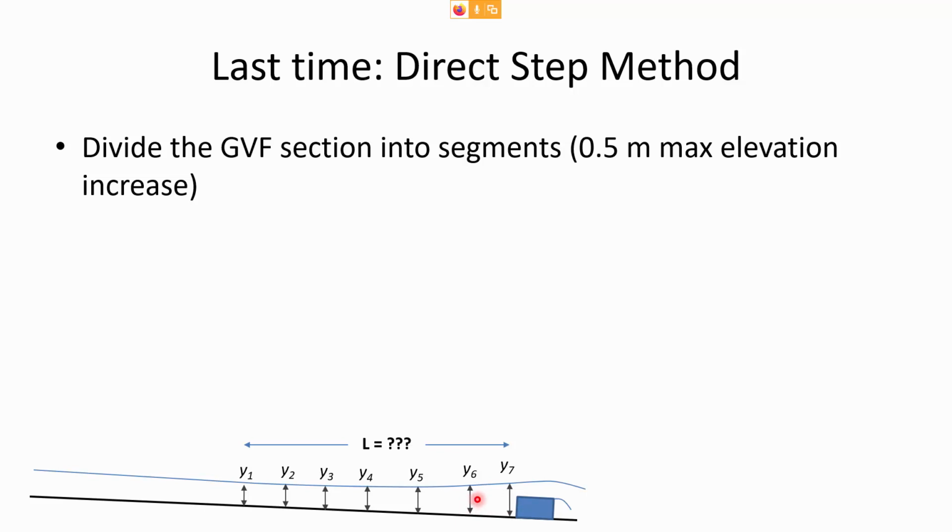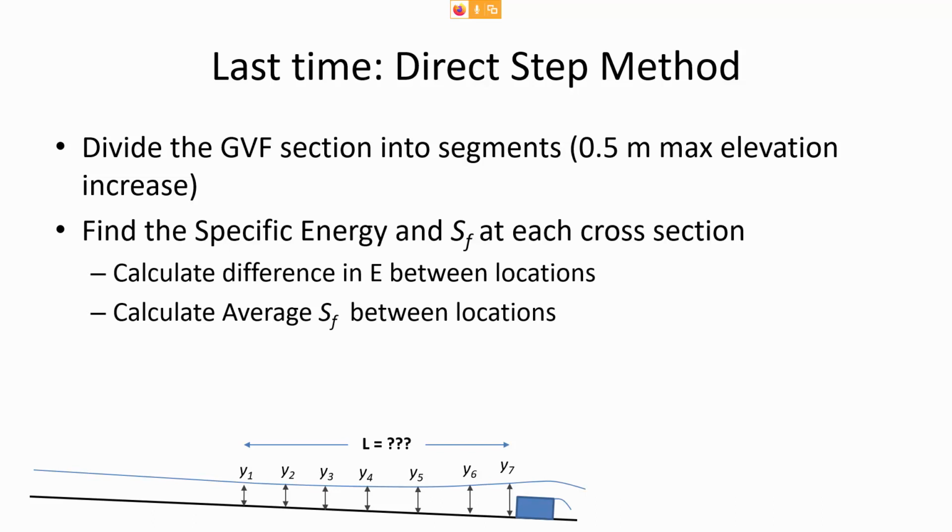And so the template file that you started with and the calculations we went through were meant to one by one find the length of each individual segment until we got to the normal depth upstream, and then we added up all of the individual lengths to find the cumulative length. So it's a great procedure, but it has some limitations.